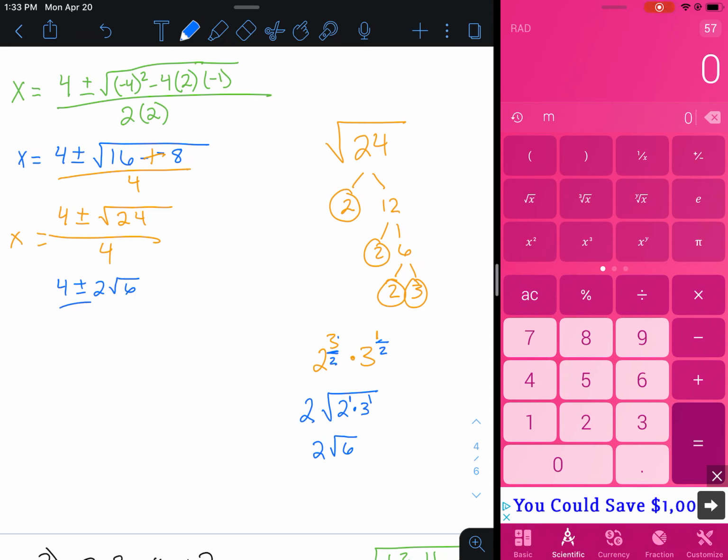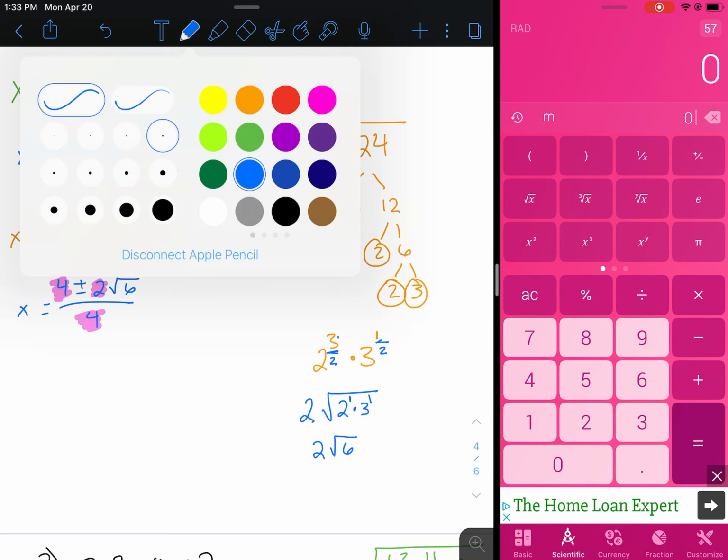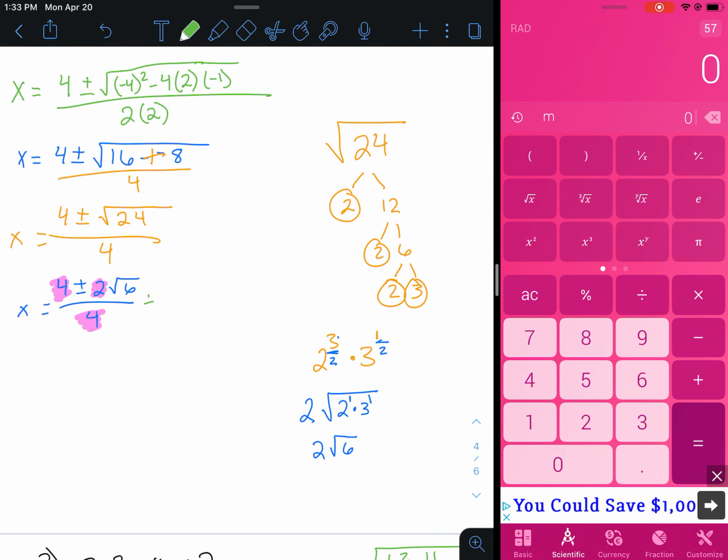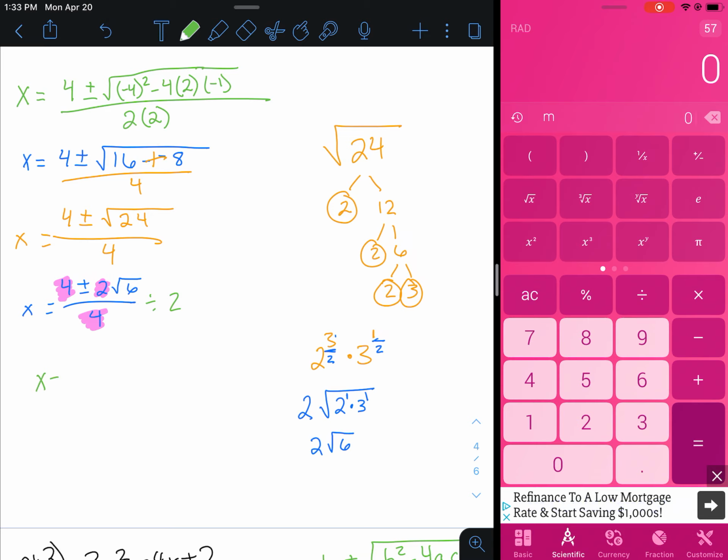So now we're left with 4 plus or minus 2 square root of 6 all over 4. Now you should notice that this term and this term are all divisible by 2. It doesn't always work that way, but the past few, it has worked that way. So our final answer is x equals 2 plus or minus 1 square root of 6 all over 2.